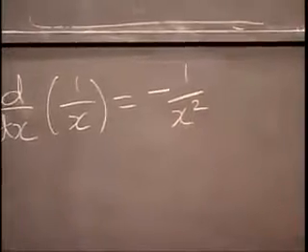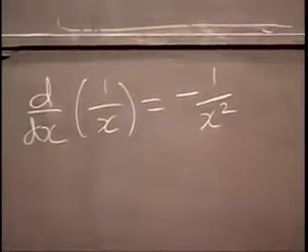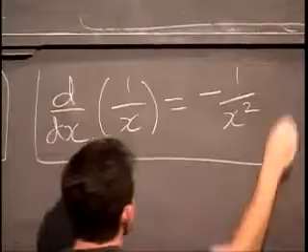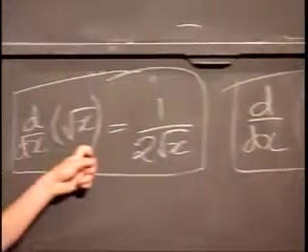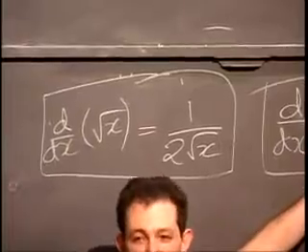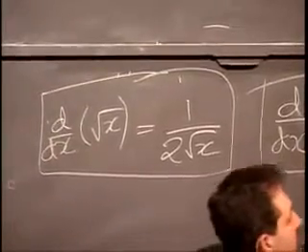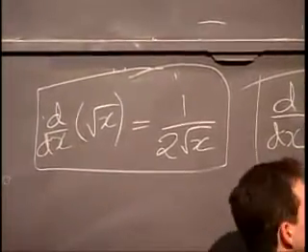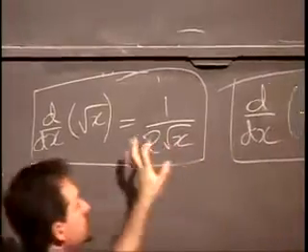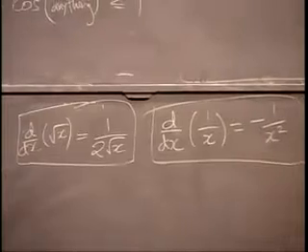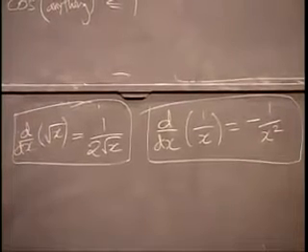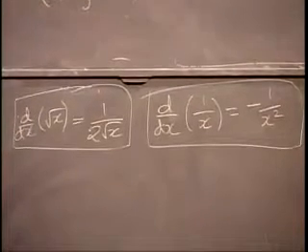If you learn those two, you save yourself a little bit of time that you could use for something more useful. I know you could convert this to x to the 1/2, and this to x to the -1, and then you get minus x to the -2, and then you have to convert it back. If you just learn these two, because they come up so often, I think you'll save a little bit of valuable time.